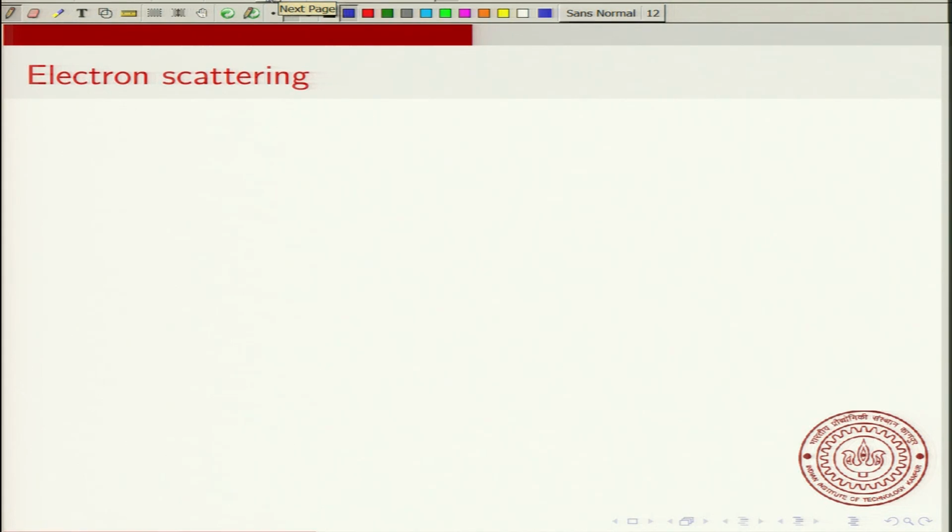Now, let us look at the picture of electron scattering in a little more detail. Suppose I bombard an atom with electrons. So, I have some electrons that are coming on an atom, and let me show this atom. I will show the nuclear core, and then I will show the various shells.